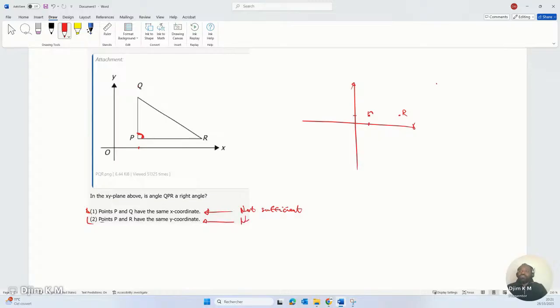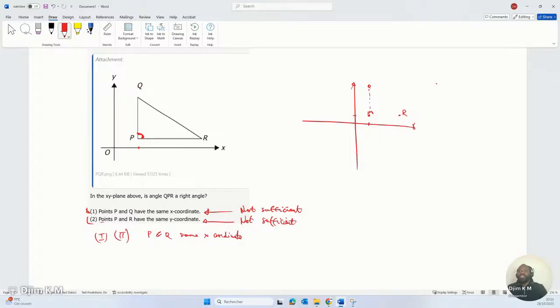But when we take both conditions, condition 1 and condition 2, we know that P and Q have the same x coordinate. So that means Q is here, like this.